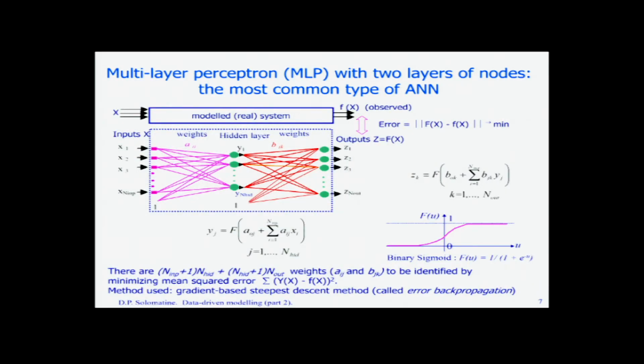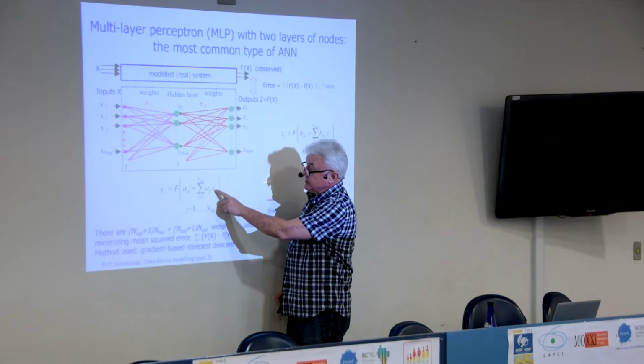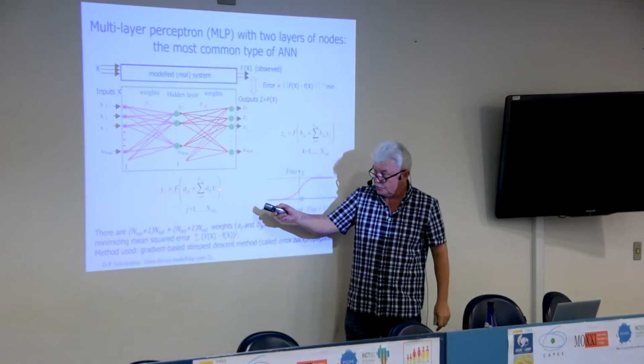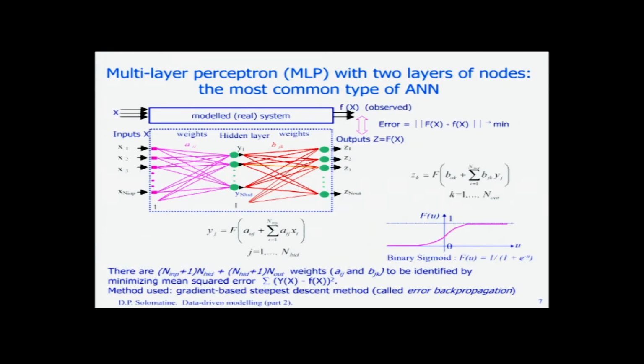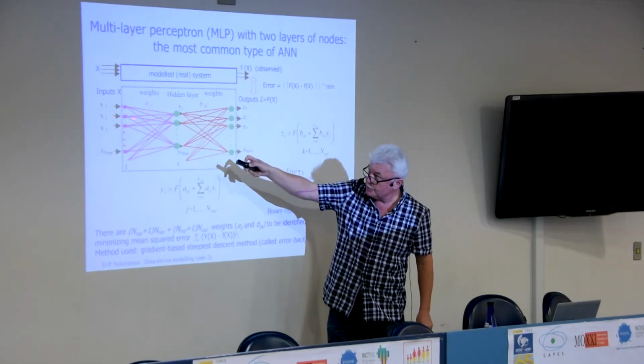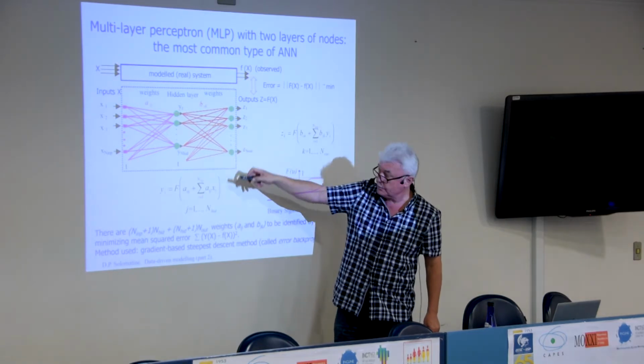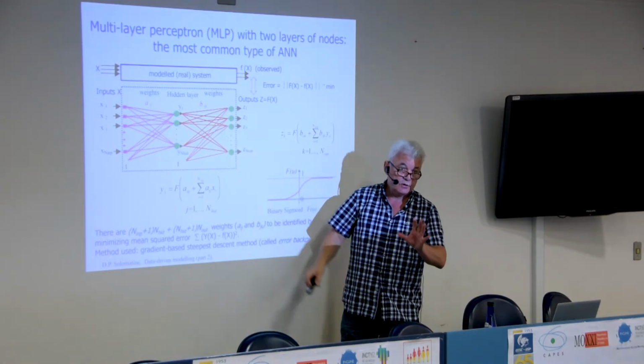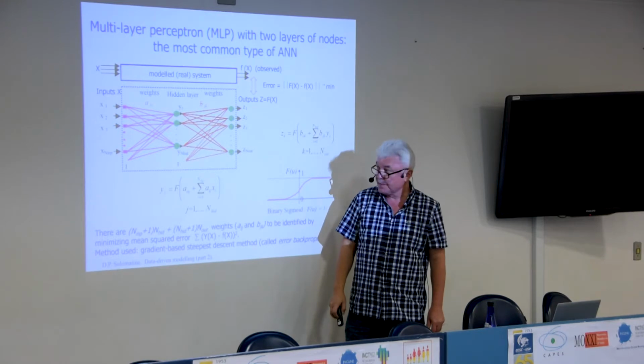Linear summation of inputs. So this is input 1, X1, multiplied by A1, plus input 2 multiplied by A2, and so on and so on. So this is summation. It's purely a linear regression thing.